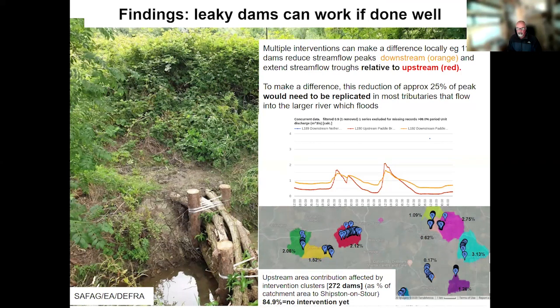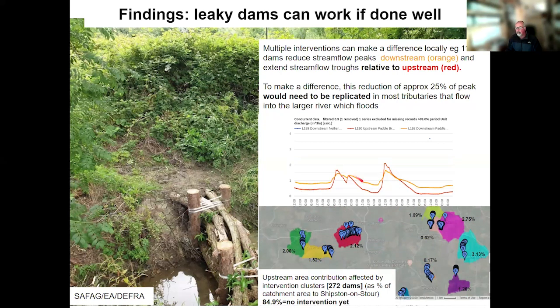Many of the leaky dams that we monitored weren't doing a great job of reducing flows downstream, but some did. And the ones that did either had a large number of dams, 11 in a row here, 272 across the entire catchment at the time that we took these data.